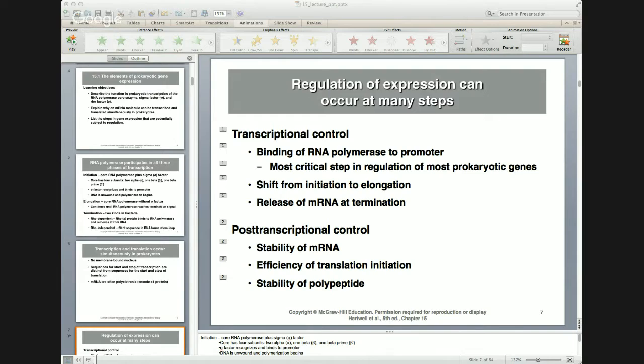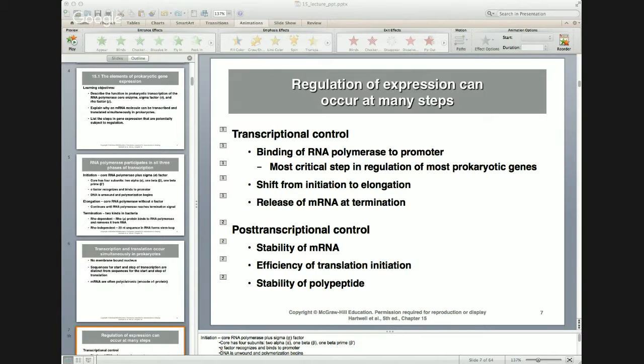So bearing that in mind, know that gene expression is regulated at the level of transcription. Transcriptional control can occur at several steps. It can occur at the step of binding of the RNA polymerase to the promoter.